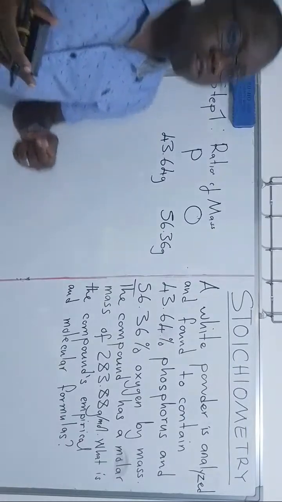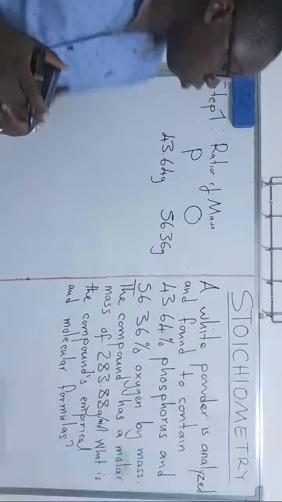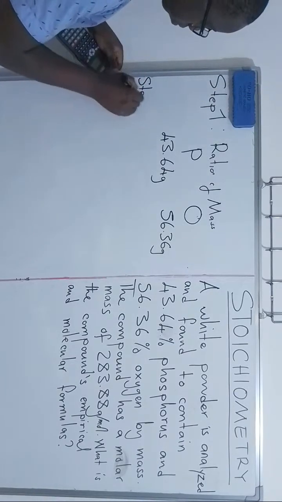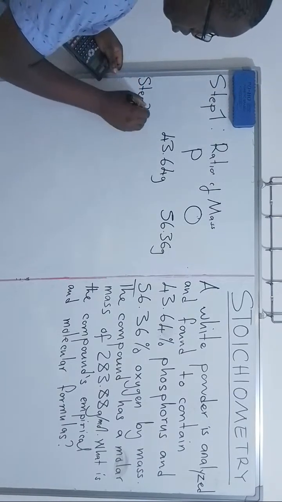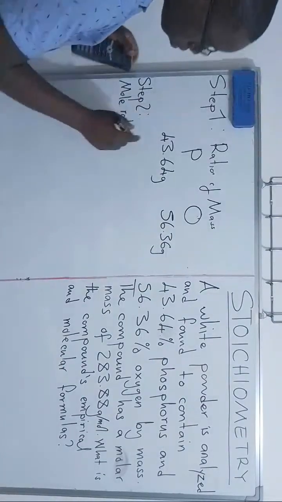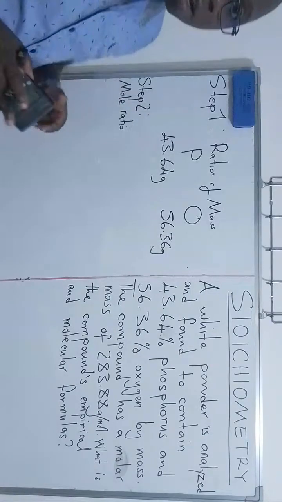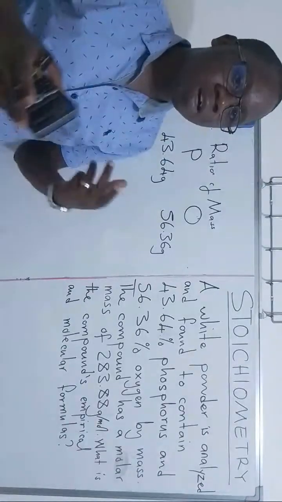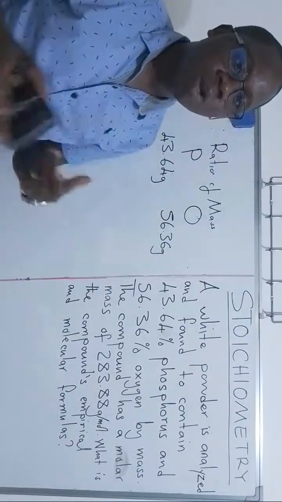So the percentages become the composition of the grams of each element that was analyzed in that sample. After you do this, you need to convert these grams to have the mole ratios, and that is step 2. Now the mole ratio is basically calculated by saying number of moles is equal to the mass divided by relative molecular mass.